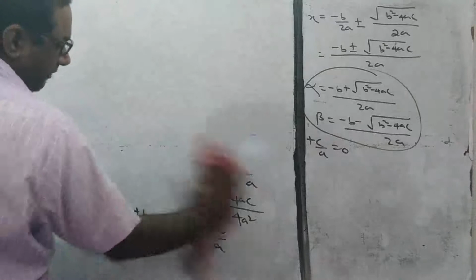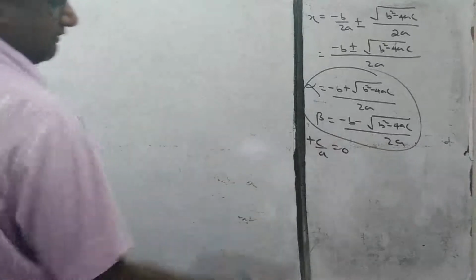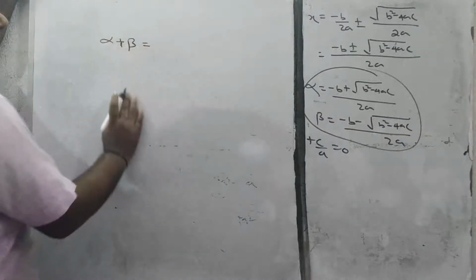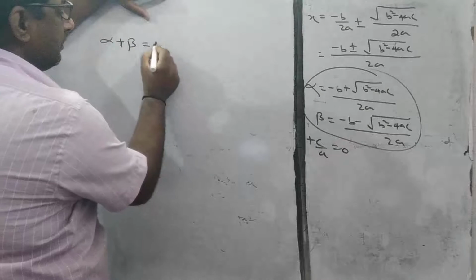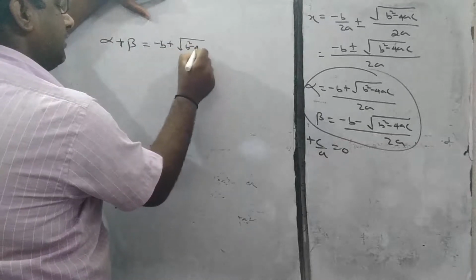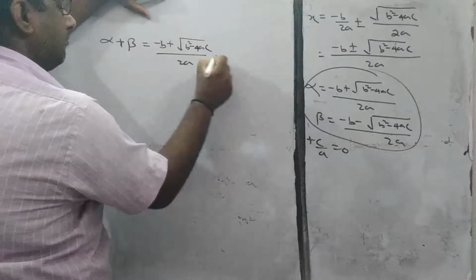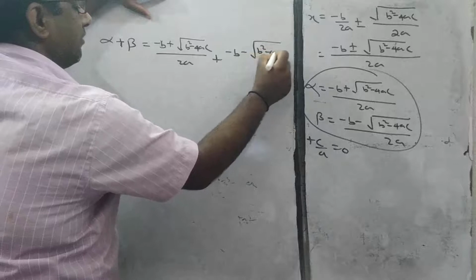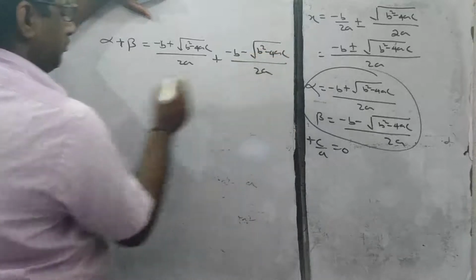Now in the chapter polynomial you have studied that sum of roots is equal to minus b by a. So please add both. If you are adding both, then what happened? Minus b plus under root b square minus 4ac upon 2a plus minus b minus under root b square minus 4ac upon 2a.